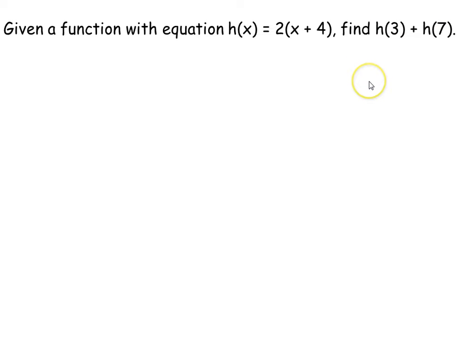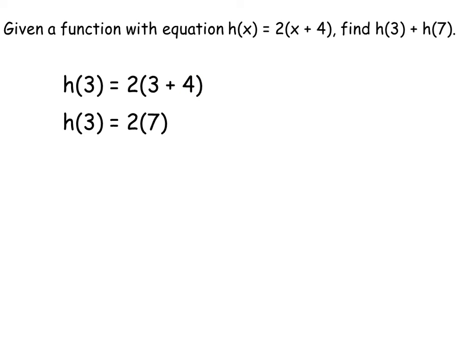The first thing I'm going to do is find h of 3. h of 3 is equal to 2 times the quantity 3 plus 4. Doing the math, order of operations, adding what's inside the parentheses, we get 2 times 7. And then we get h of 3 is equal to 14. So when we plug in 3 into the function, we get out 14.